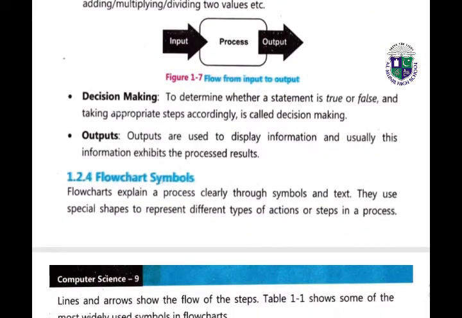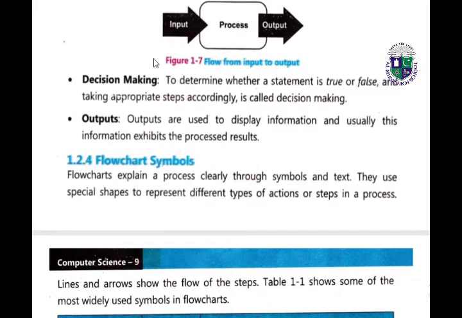Next, while making the flowchart, we have decision making, which determines whether a statement is true or false and takes appropriate steps accordingly. Outputs are used to display information, and usually this information exhibits the processed results.